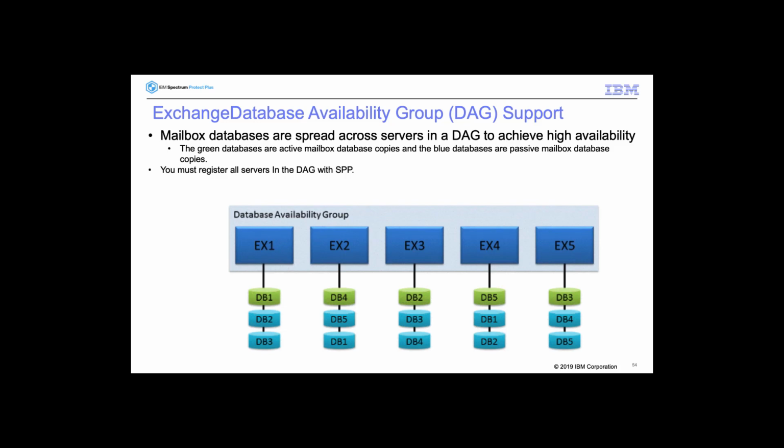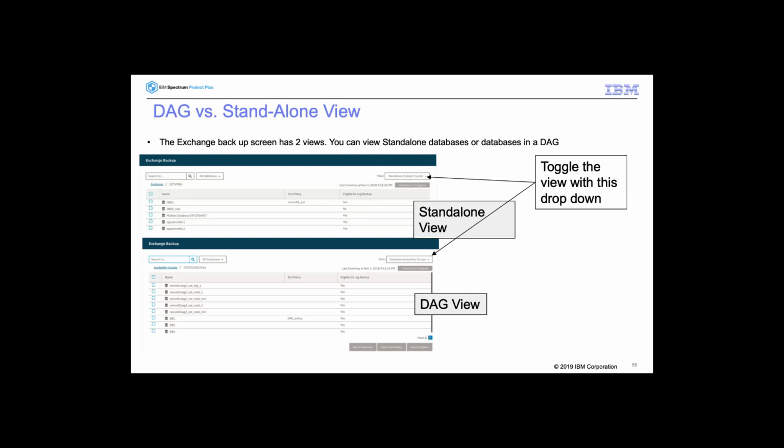You should go out and register all the servers in the DAG, all of the Exchange servers. So in this picture, it would be Exchange 1 through 5 with Spectrum Protect Plus. When you go to do the backup, we will support two different views for DAGs.